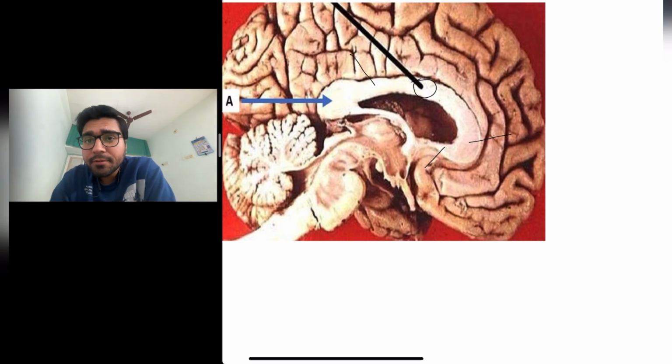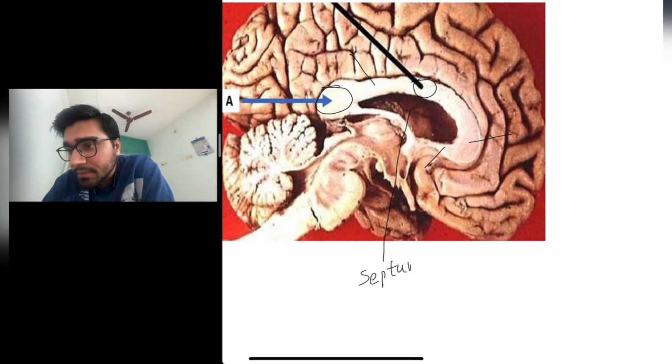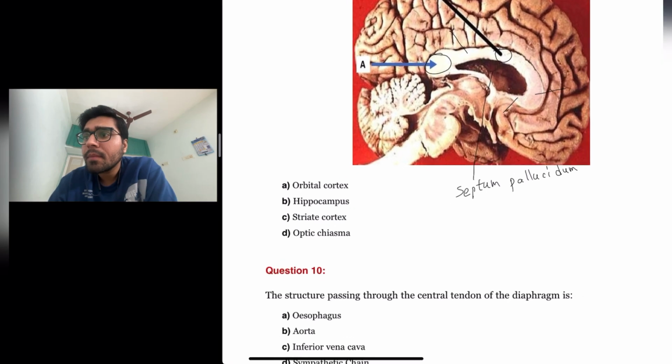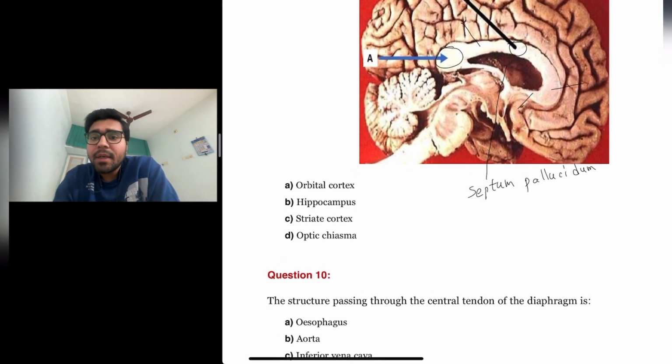This one is the isthmus, and this one is the splenium of corpus callosum. The middle part is the septum pellucidum. So this labeled A part is the splenium of corpus callosum, and the splenium of corpus callosum is connected to the striate cortex.